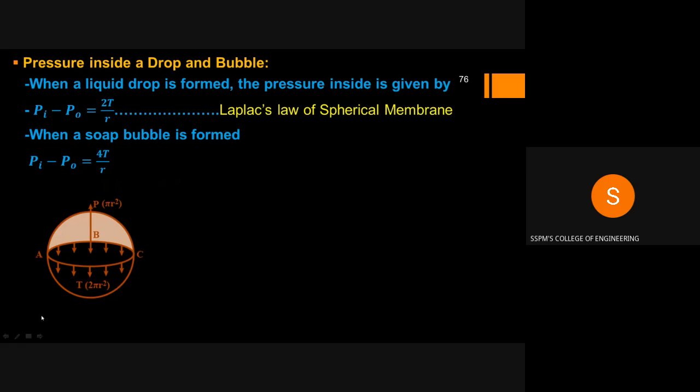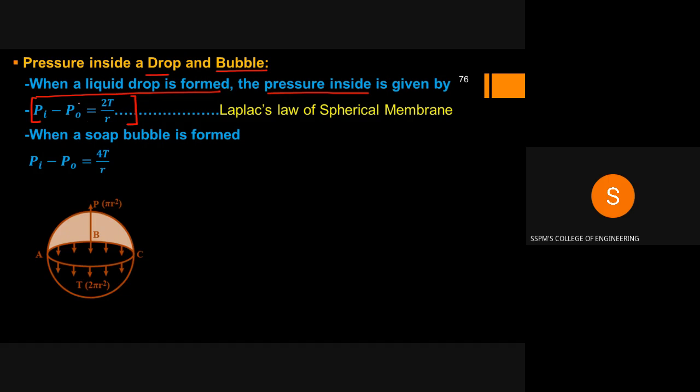Now there is a relation for pressure inside a drop and pressure inside a bubble. When a liquid drop is formed, the pressure inside is given by Pi minus P0 equals 2T upon R, where P0 is the absolute pressure.